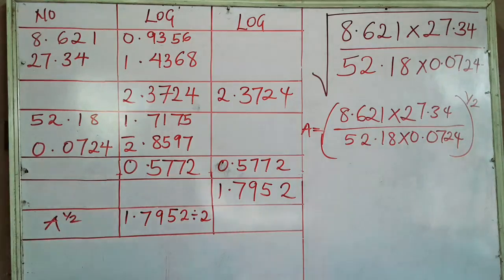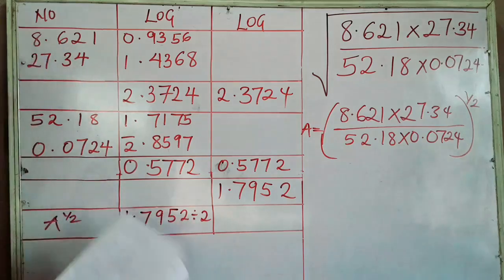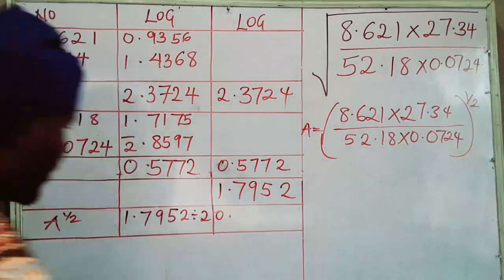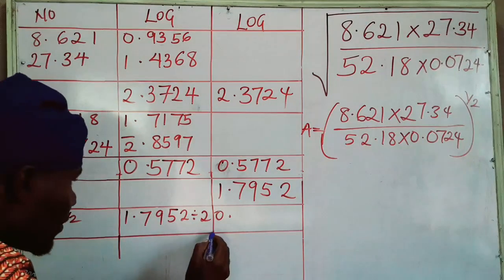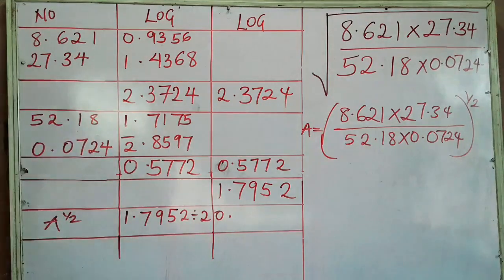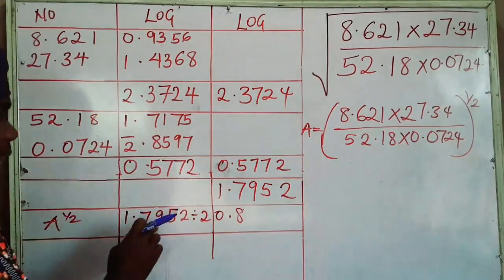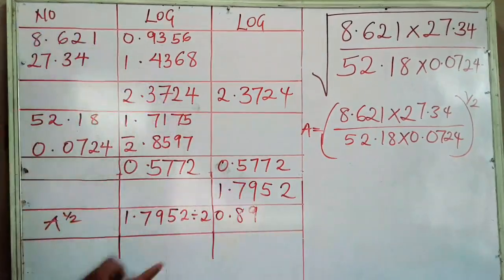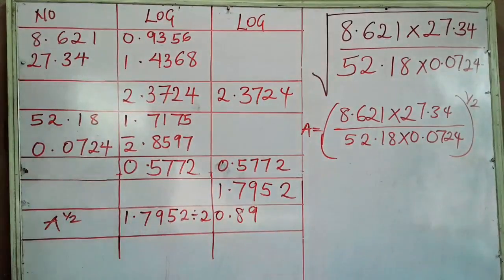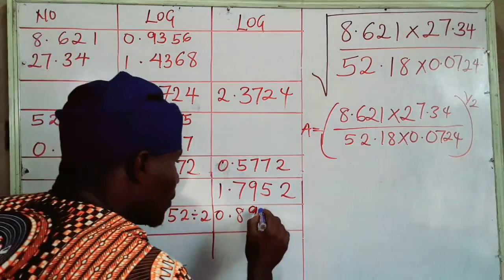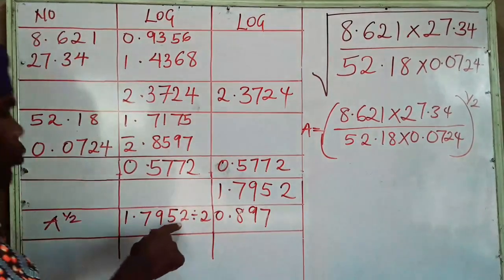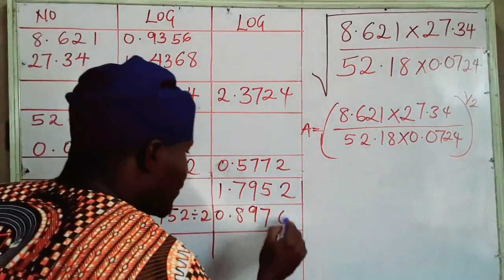When we divide, 2 in 1 is impossible, so we have 0 point. 2 in 17, we have 8. It remains 1. 2 in 19, 9. It remains 1. 2 in 15, we have 7. It also remains 1. 2 in 12 now, we have 6.